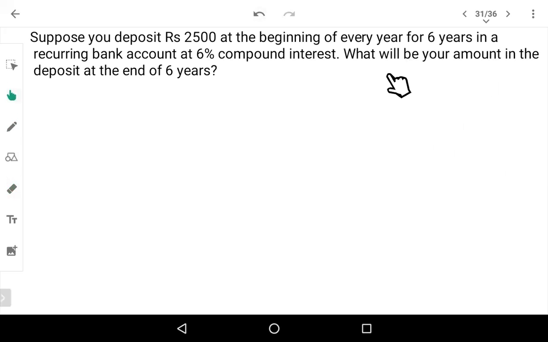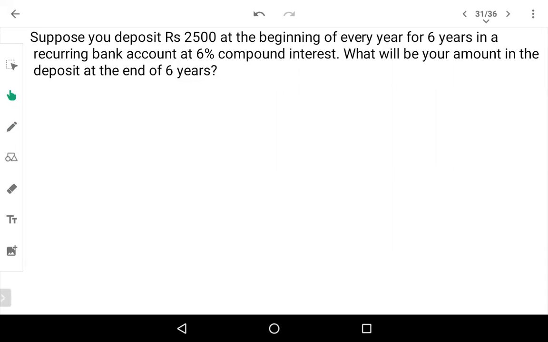What will be your amount in the deposit at the end of 6 years? So, for 6 years, if we have kept the money and they have given the interest, then what is the total amount that we will be having? That is the important question.